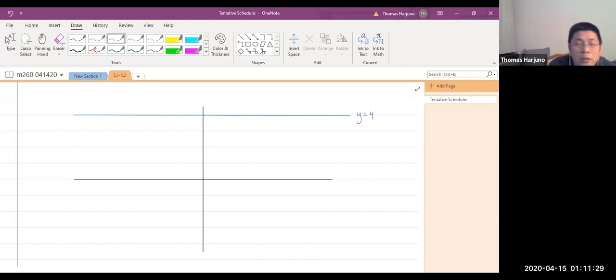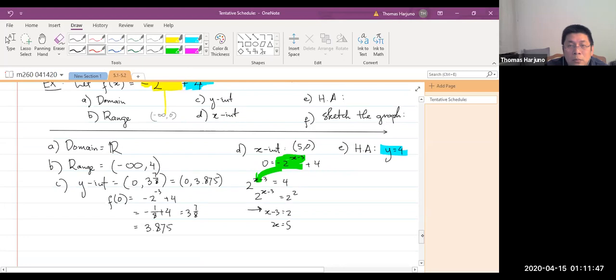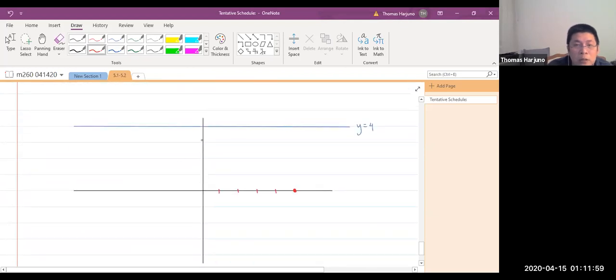And then the x-intercept is 5, 0. And then the y-intercept is 0, 3.8 something, so it's almost like this. Okay, what else do we have?